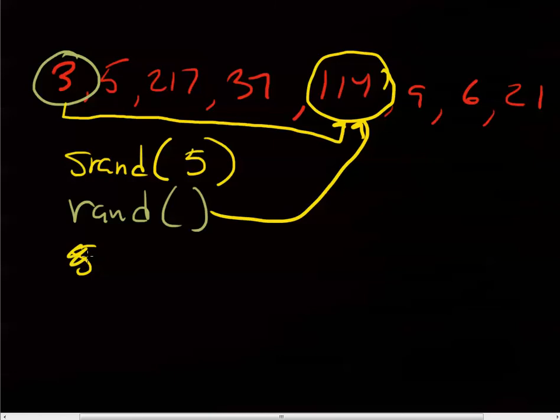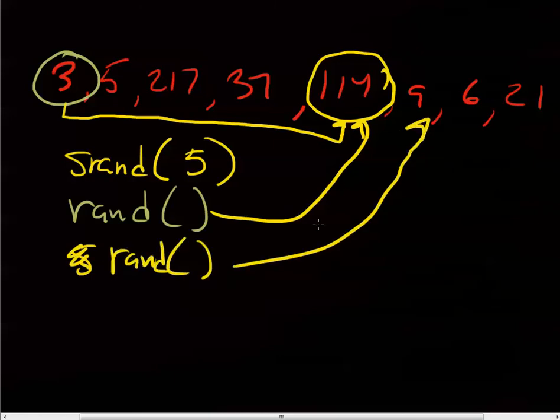And when I call random again, I get this value. If I seed the random number generator with a different number every single time I run the program, it means that I'll start in a different position along this random number sequence. And if I start in a different position, the numbers will appear different each time.